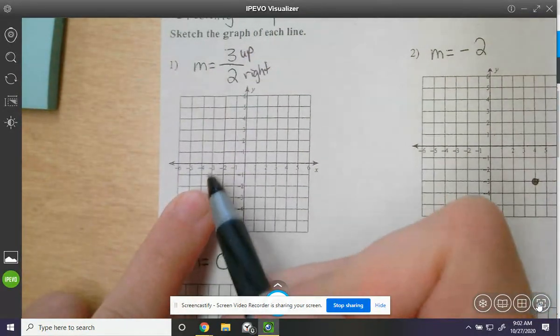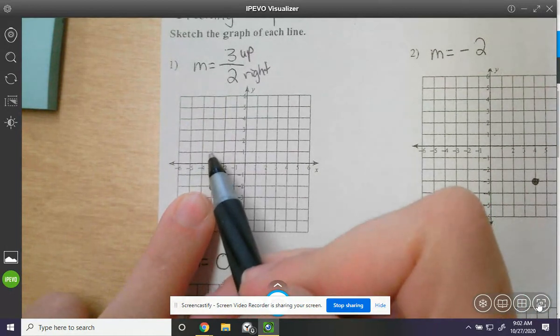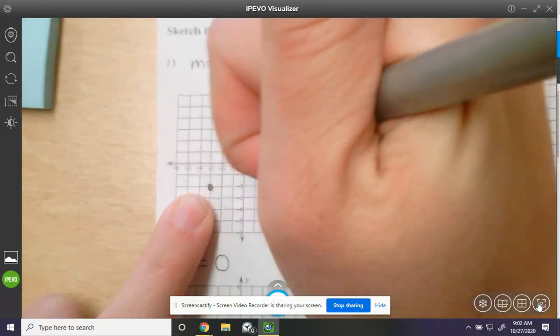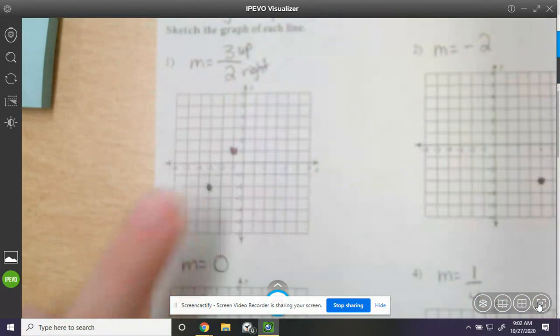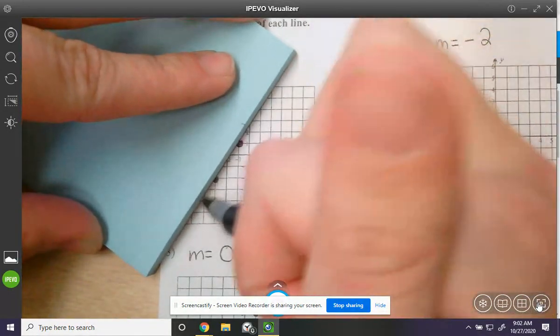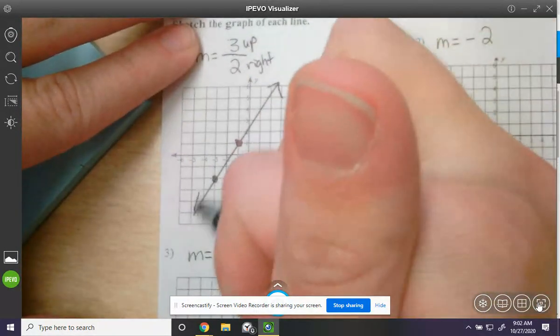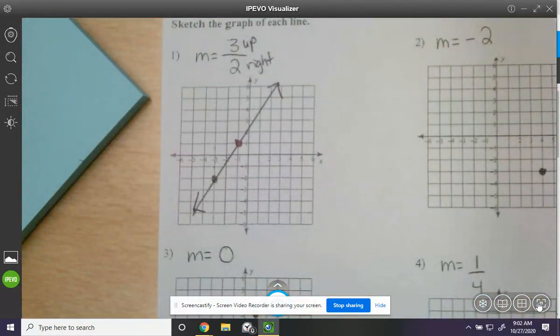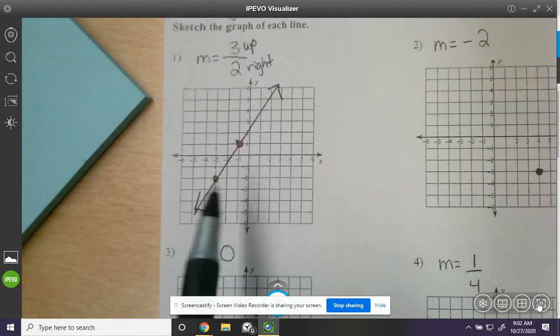So up 3, 1, 2, 3, right 2. I put a point right there. And then I draw my line with arrows. And you just drew a line with the slope of 3 over 2. That's all there is to it. Up 3 over 2.